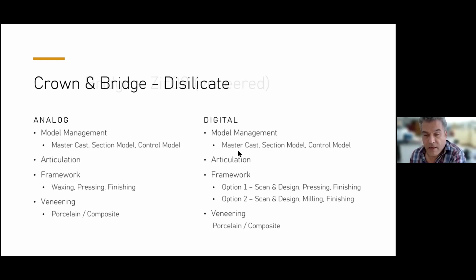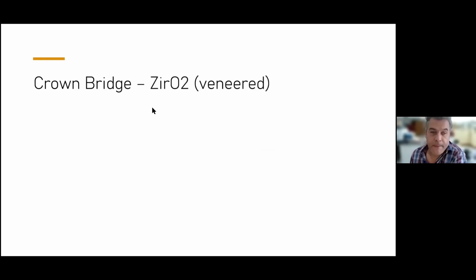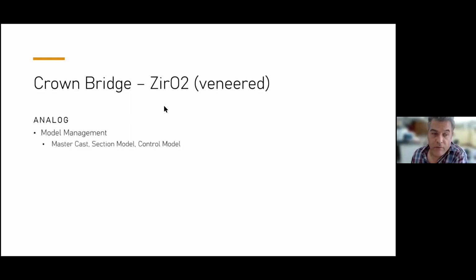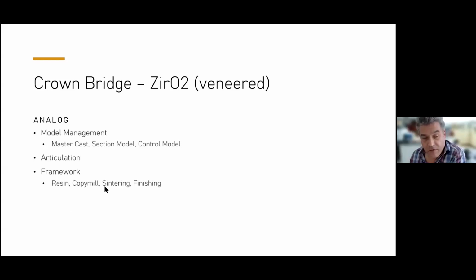Veneering, the same thing. So if you have a crown and bridge now in zirconia, if you want to veneer it, same thing again. If you do it the analog way, we have the possibility to use a copy mill. For example, Ceramill and Zahn has one, or maybe Amann Girrbach you will find also somewhere.